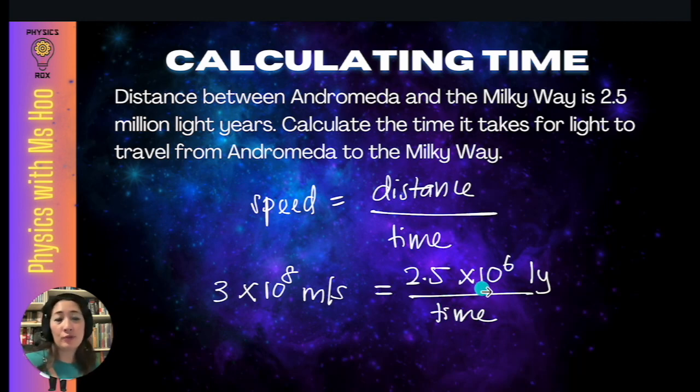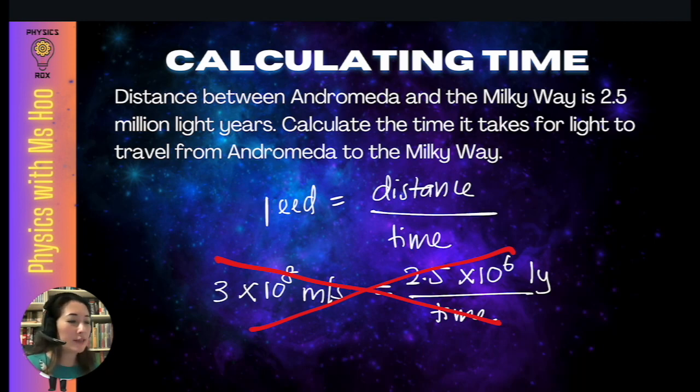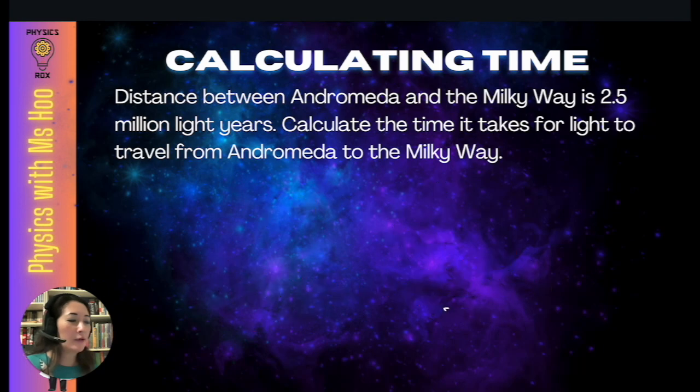What we need to do is we need to convert the value of light years into meters first. So I'm going to put a big red cross first to indicate this is not the correct substitution. Well, they are correct, it's just that the units are not correct. So I'm going to erase this and we're going to start from this conversion of the light years into meters.